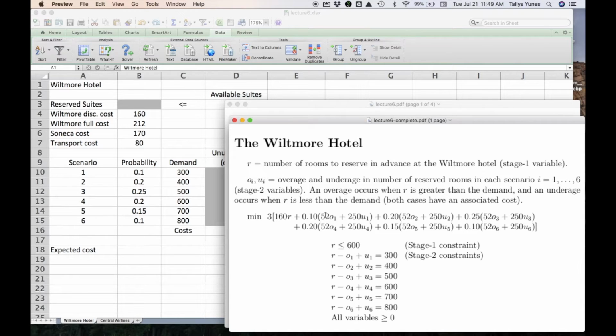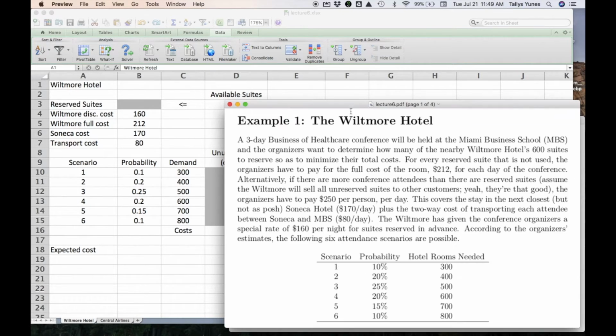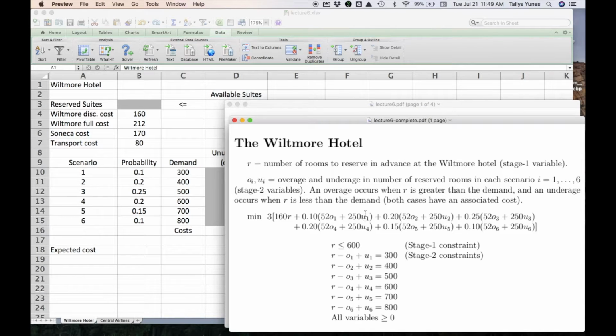And if I booked too few, it's the $250 per person that I have to send to the other hotel plus transportation. So if I underbooked in scenario 1, every suite underbooked costs $250. Now, this is going to happen to me only 10% of the time because that's the chance that I will find myself in scenario 1. And then I repeat this idea 5 more times.